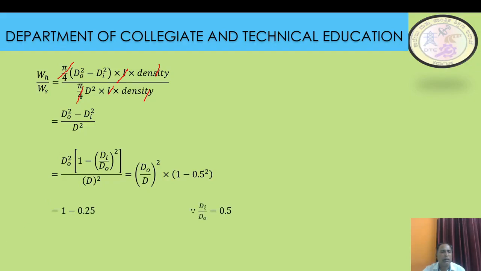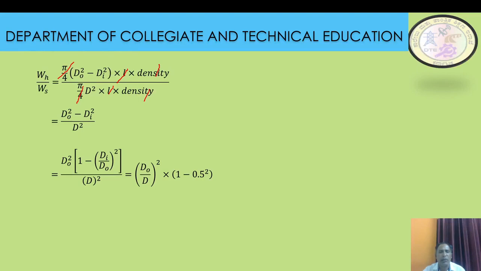In the numerator we can take dO square outside the bracket. Inside the bracket, 1 minus (di by dO) whole square will remain, divided by the diameter of the solid shaft, that is d square. So therefore, that is (dO by d) whole square into 1 minus 0.5 square, since di by dO is 0.5 because the internal diameter is half of the external diameter.